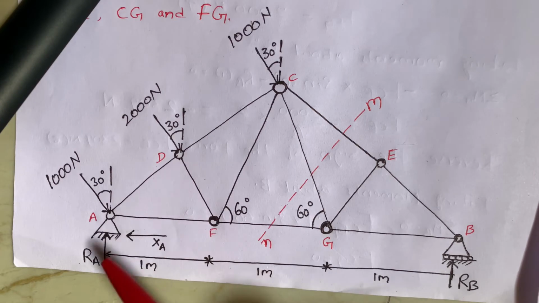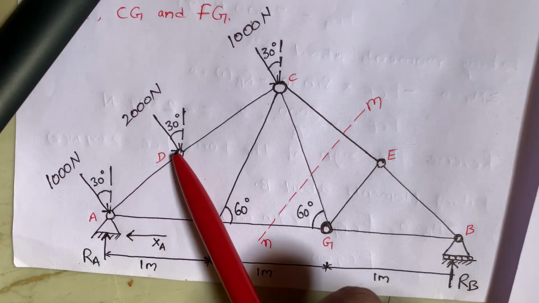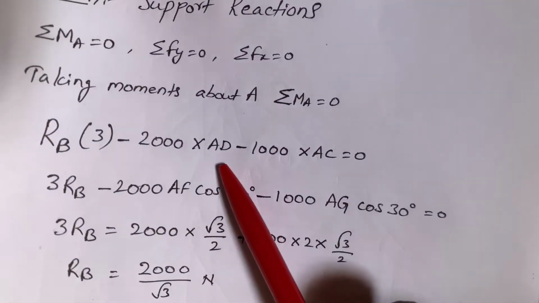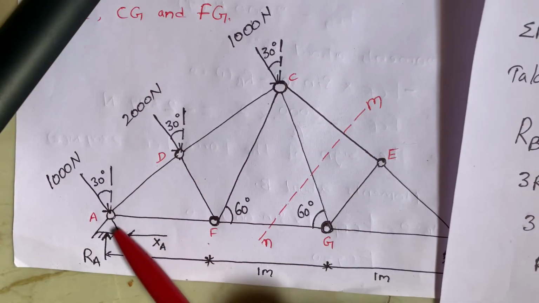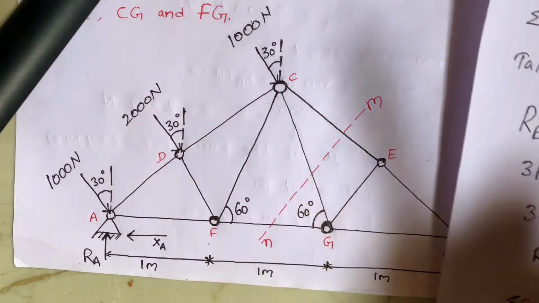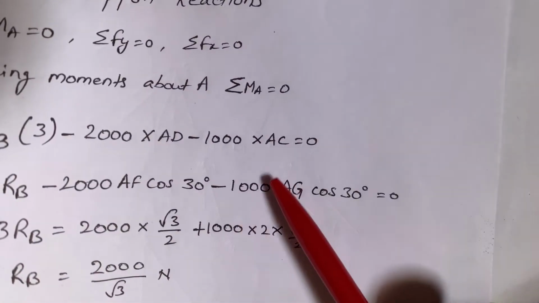AD is nothing but AF cos 30. AD length is nothing but AF cos 30. Next minus 1000 into AC.